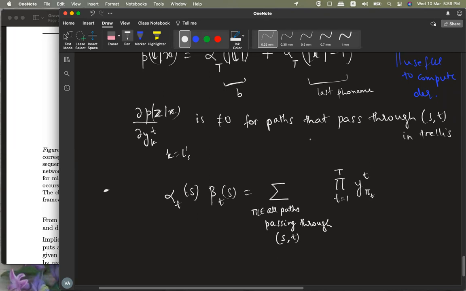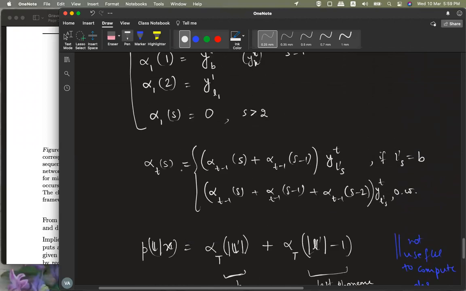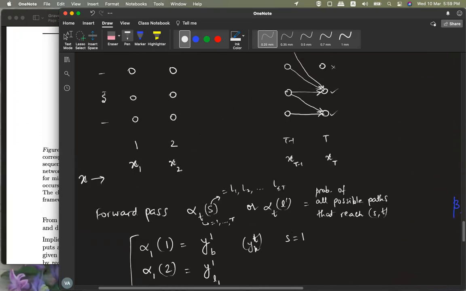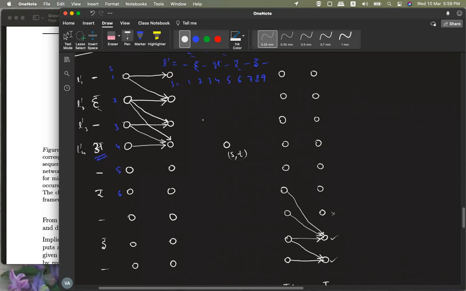But now you notice that when I defined alpha, alpha was the cost starting from the beginning and up till here. So basically this ykt, sorry, y l dash st is also multiplied in this term alpha, and similarly in beta this term is again multiplied.